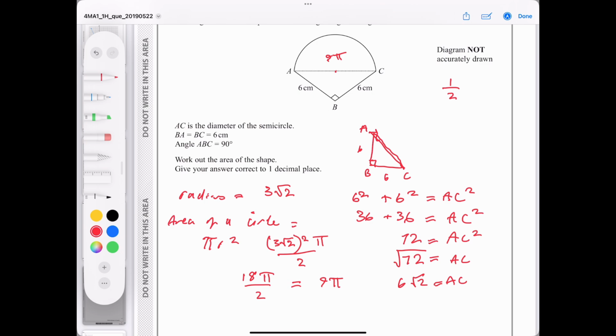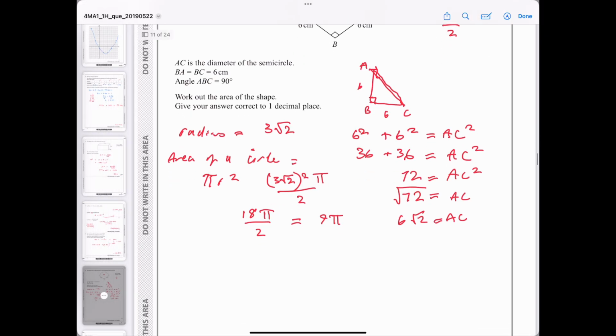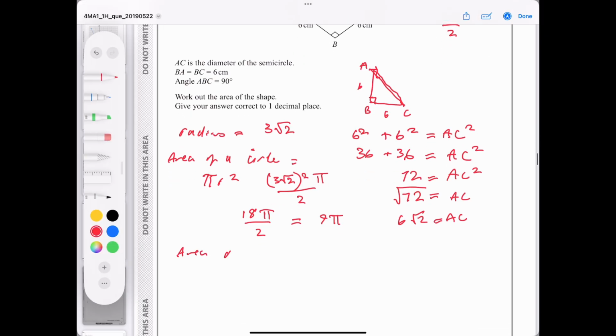So the area of the triangle ABC equals 6 times 6 over 2, which equals 36 over 2, which equals 18. So it's 18 plus 9 pi, and then just put that into your calculator and that'll give you the answer.